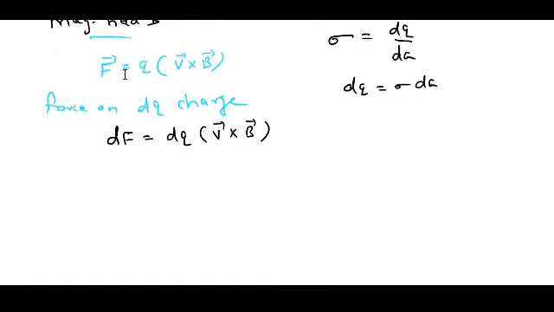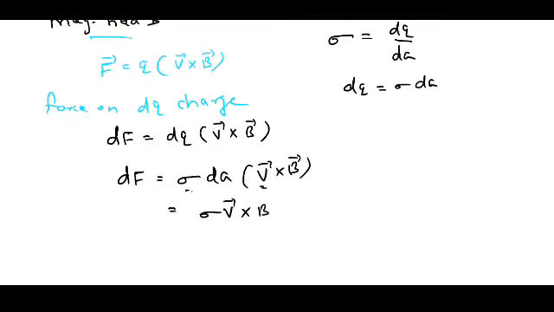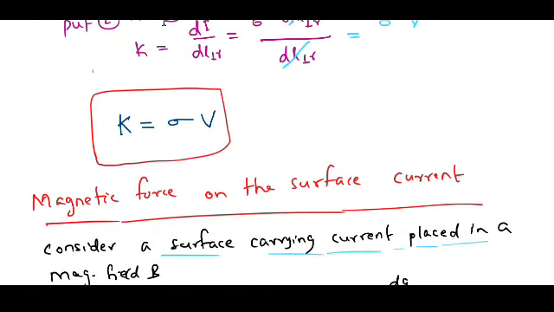Therefore, this dF can be written as sigma dA into v cross B. I take sigma with v, so this will be sigma v cross B into dA. Here this sigma v is nothing but the surface current K that you have just seen. This is the surface current K equals sigma v.